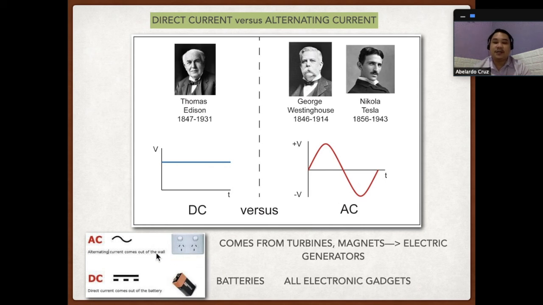This alternating current comes from the turbines, magnets, or simply the electric generators. While DC or direct current can usually be found in the batteries, and this kind of electricity is usually used by almost all our electronic gadgets.